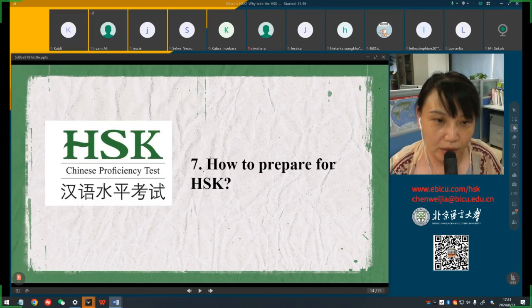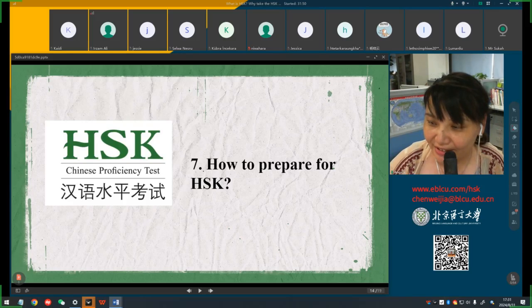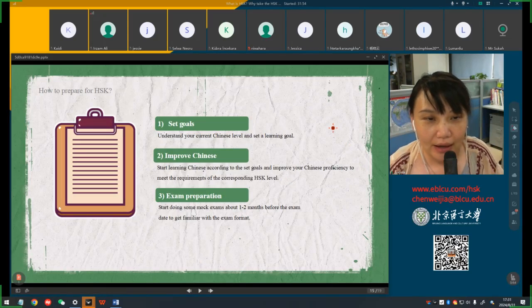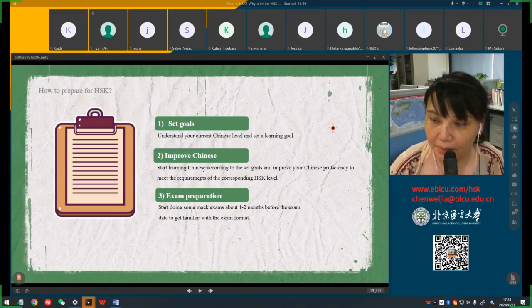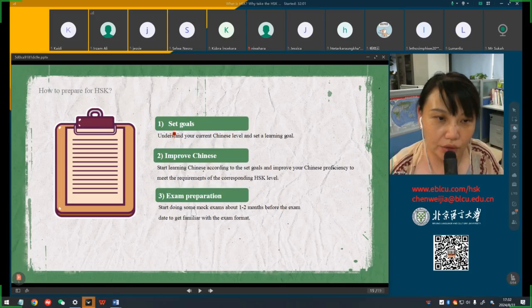Then our next question comes to how to prepare for HSK. I think there are 3 main steps. The first one is to set goals.